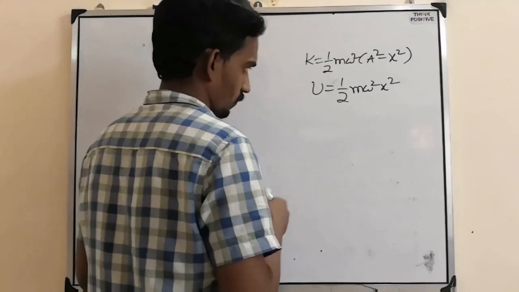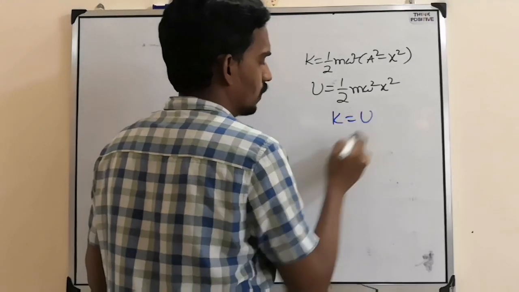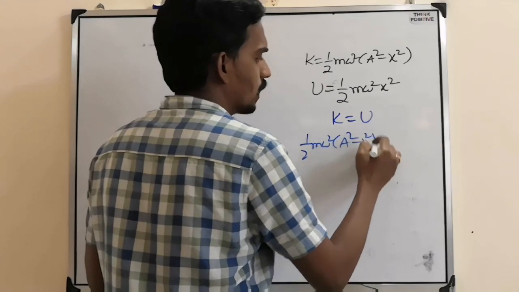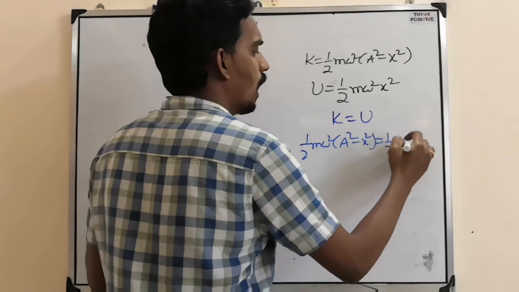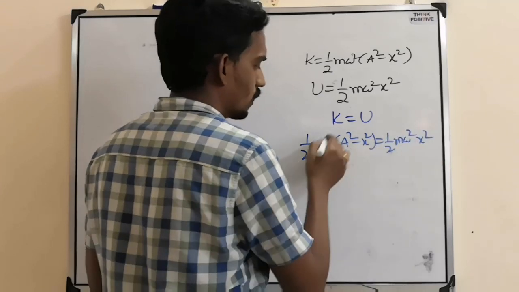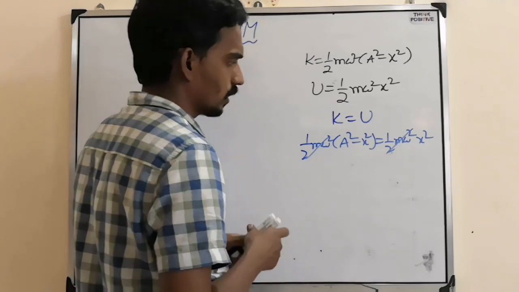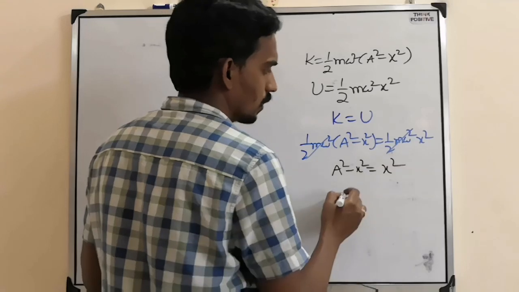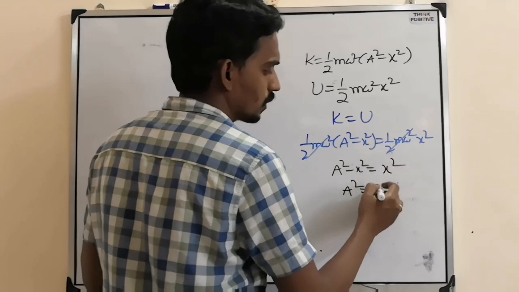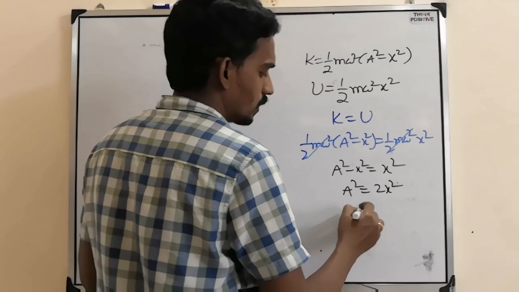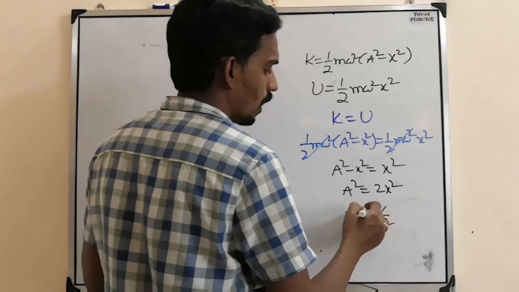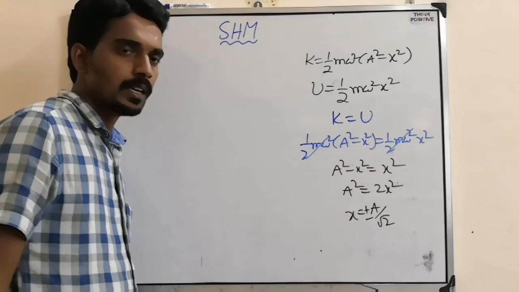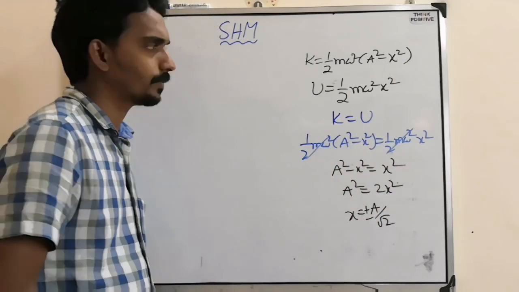Both equal means half m omega square (a square minus x square) equals half m omega square x square. Both cancel each other. Now a square minus x square equals x square, so a square equals 2 x square, so x equals a by root 2, or plus or minus a by root 2, either right side or left side. That's why plus or minus.